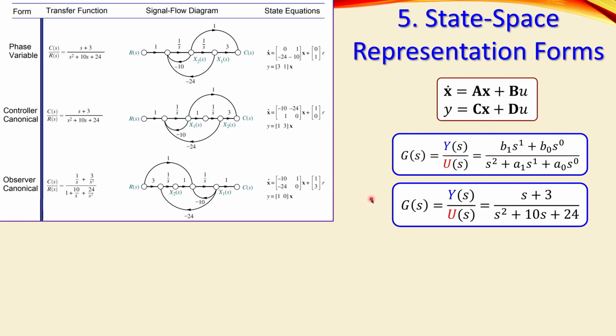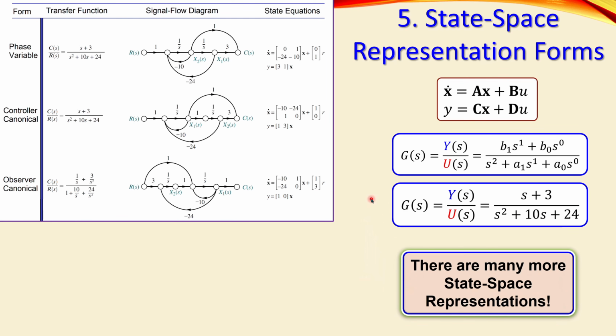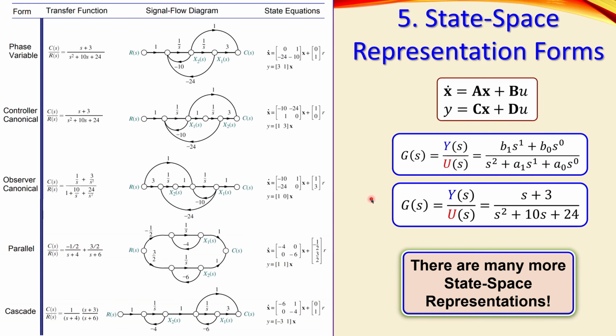But as said before, there are many more state space representations, actually infinite representations. And another two representations sometimes used are the parallel and the cascade. So again, this transfer function expression will be just converted using the partial fraction expansion into two fractions, and then converted back to another state space representation.